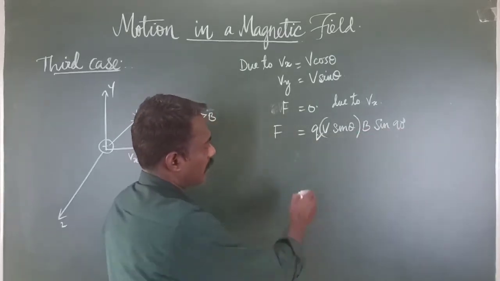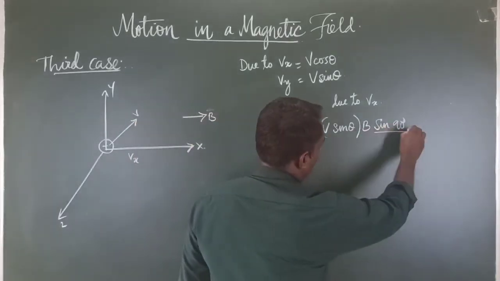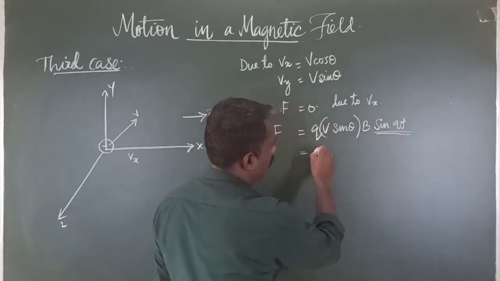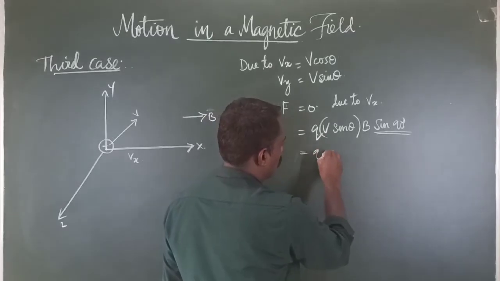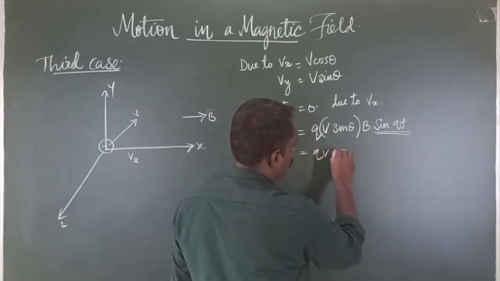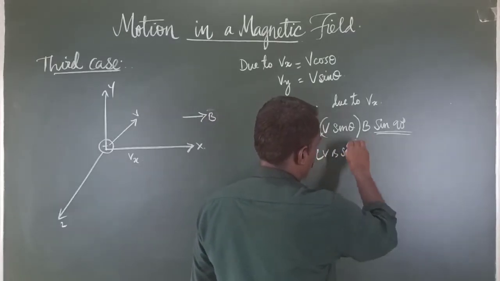Since the value of sin 90 is equal to 1, the total force exerted on the charge is q into V sin theta into B.